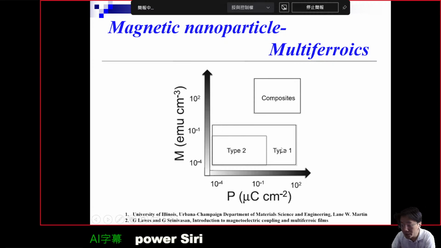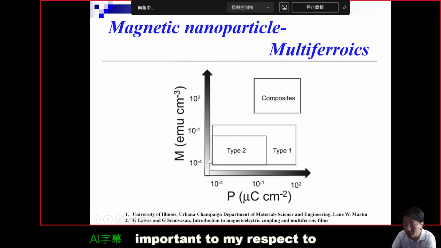These three types are type 1, type 2, and composite. For the type 1 multiferroics, its polarization is in the range of 10 to the minus 4 to 10 to the 2. And its magnetization is between 10 to the minus 4 to almost 1.